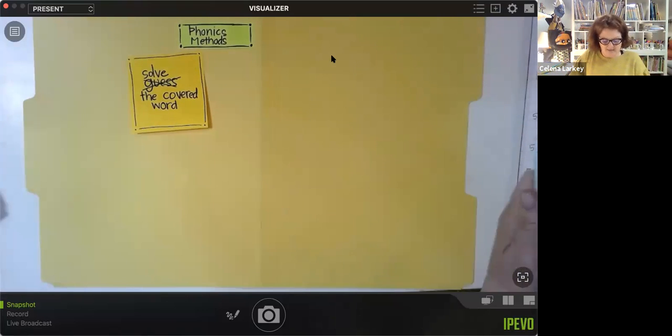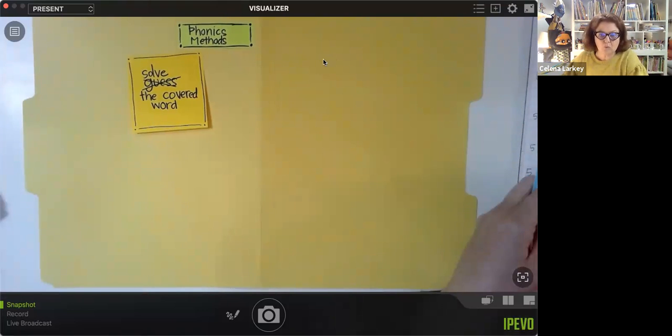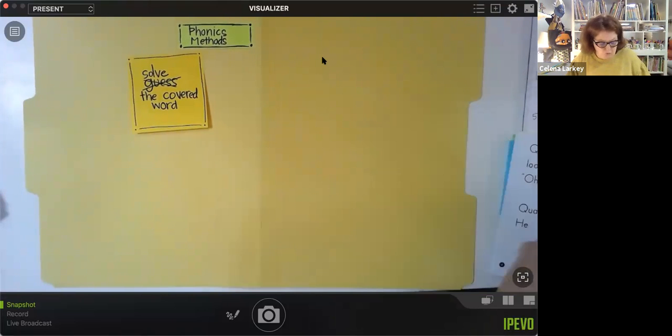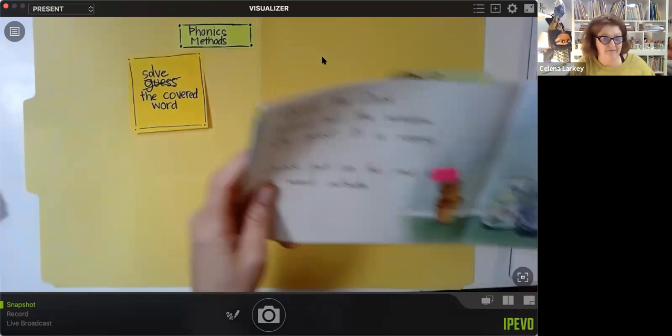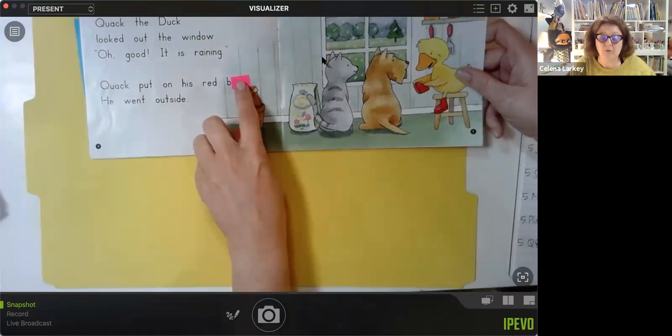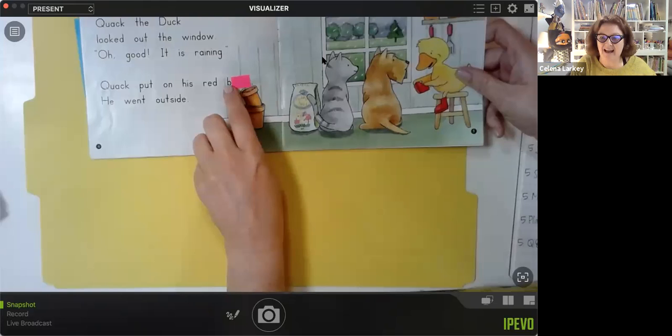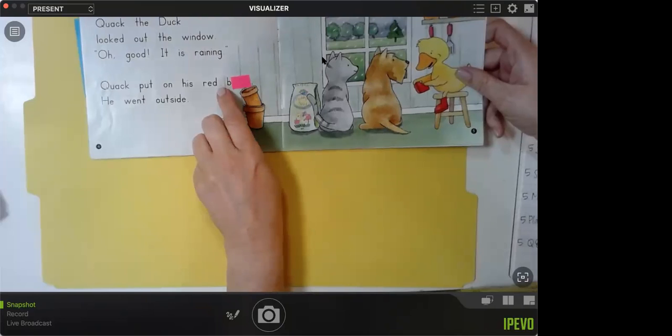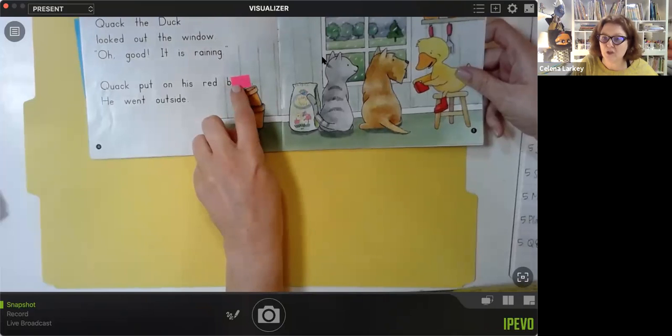And so it might be that when I'm teaching word study and I am working to help kids notice that there are words that have an initial consonant, I might mask the rest of the word, not because I want anyone to guess this, but I want them to use the initial sound or initial consonant to get ready to say, oh, let me solve what this word could be by seeing the first letter, identifying the first letter, recalling the sound that that first letter makes, producing the sound that that first letter makes, right?